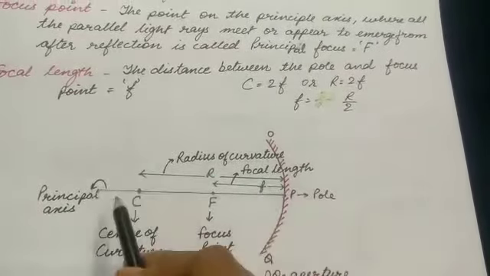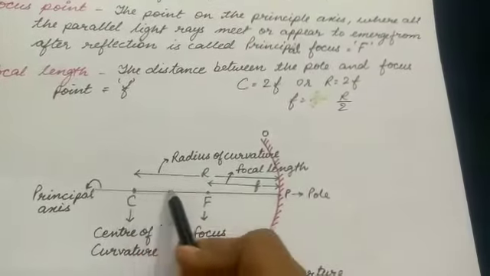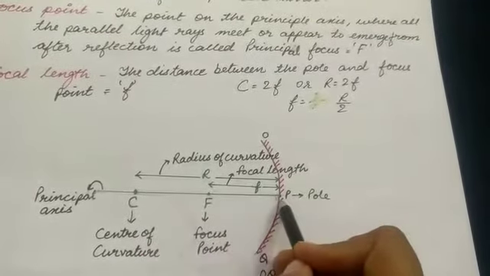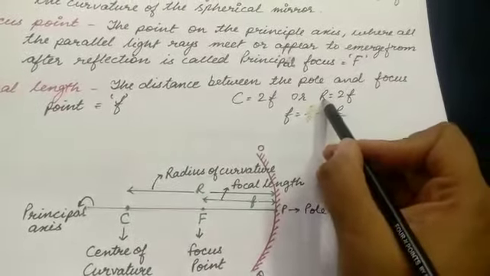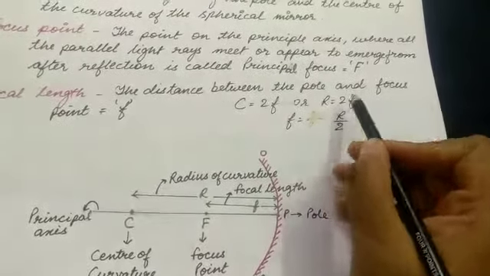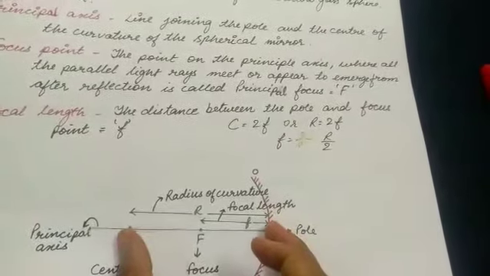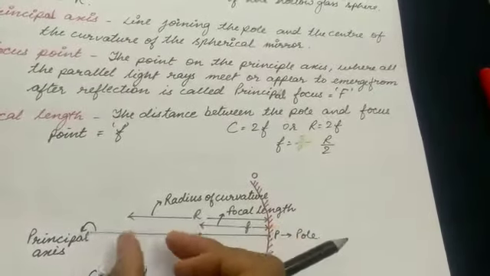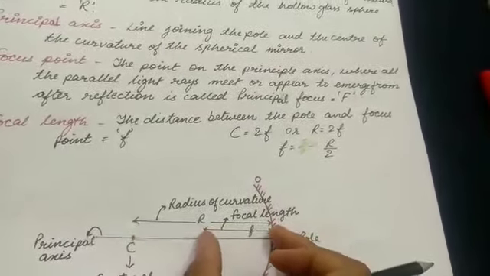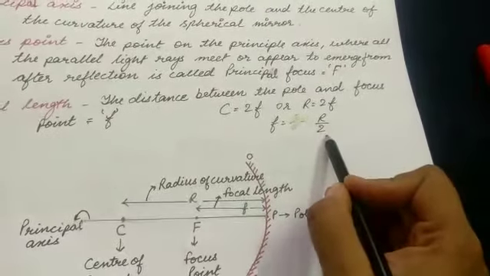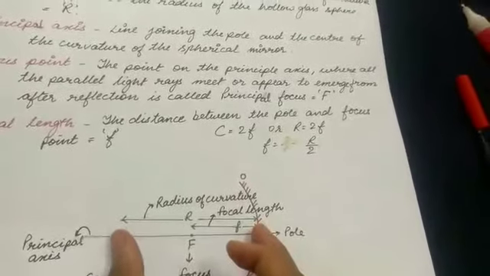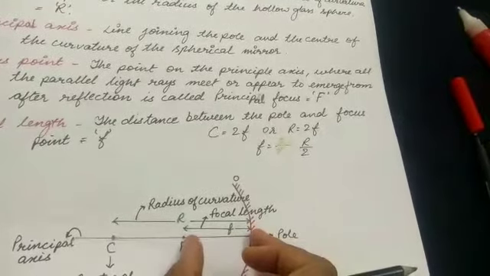There is a relation between the radius of curvature and focal length: R equals 2f. The radius of curvature is double the focal length, or the focal length is half of the radius of curvature.